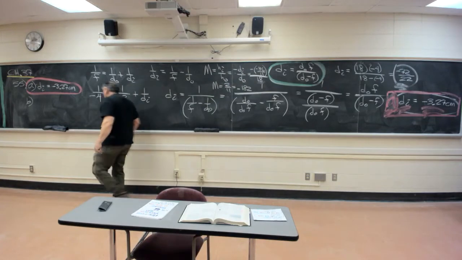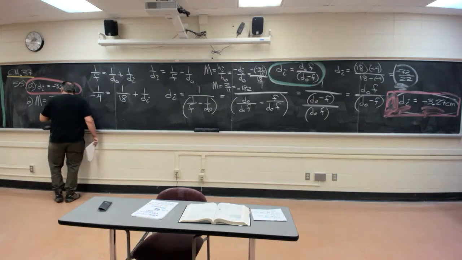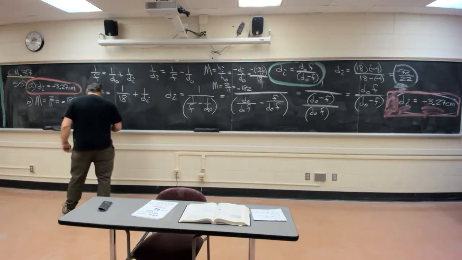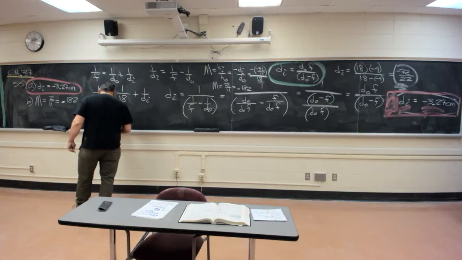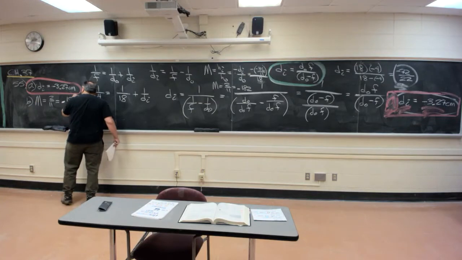So for the magnification, we did the whole song and dance. We got 2 over 11, roughly 0.182. The fraction is the most exact, but just get into a strong ballpark of where this is. You got this.